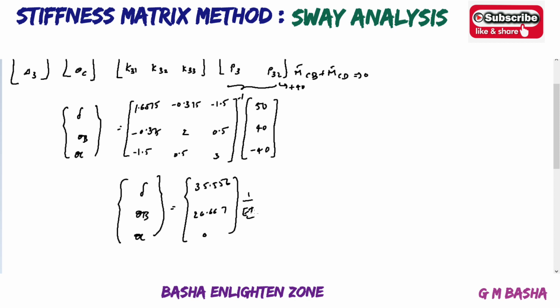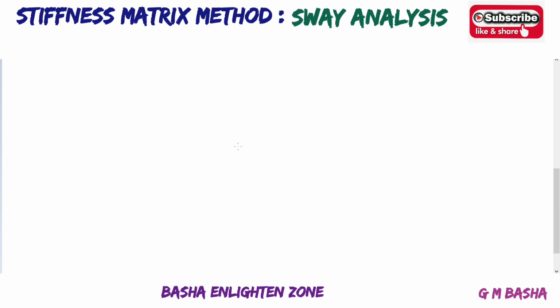So after obtaining these values, next step is to find out the moments based on the slope deflection equation. So that is also very simple. I will explain. So finding the final moments. First one will be MAB. So what is the formula?